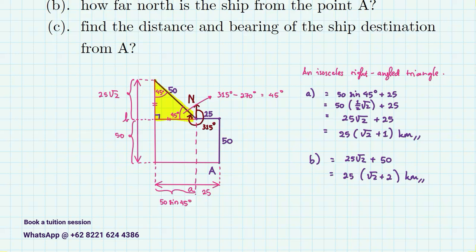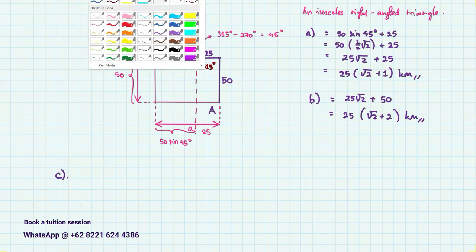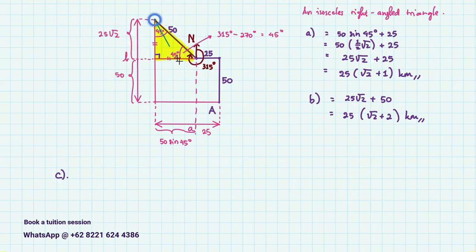Now, let's solve part C. Part C basically is asking for the distance and bearing of the ship destination, which is the last point, from A, right? So we want to find the last point, part C. If we want to use a line just to help us draw this, it's just this distance. Okay?